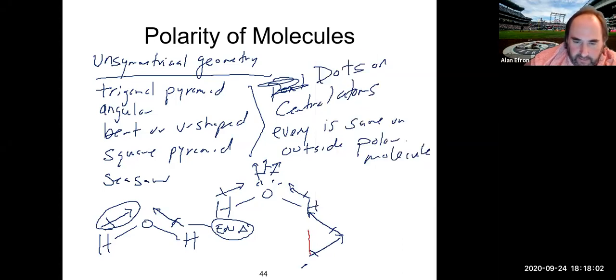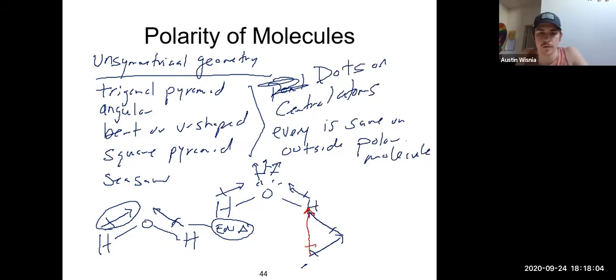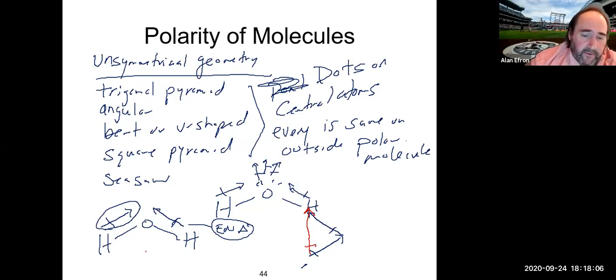Yeah, so it adds right, that vector addition. Yep. Basically that ends up sending the overall dipole moment heading in this direction, where this side would be more negative, this side would be more positive. You kind of slide the guy coming from the right to the end of the other, add them together, and it heads that way.